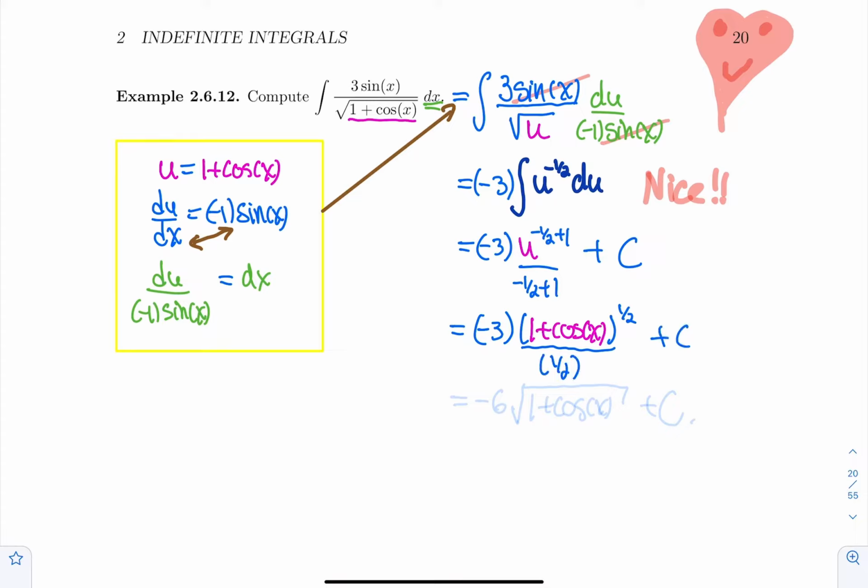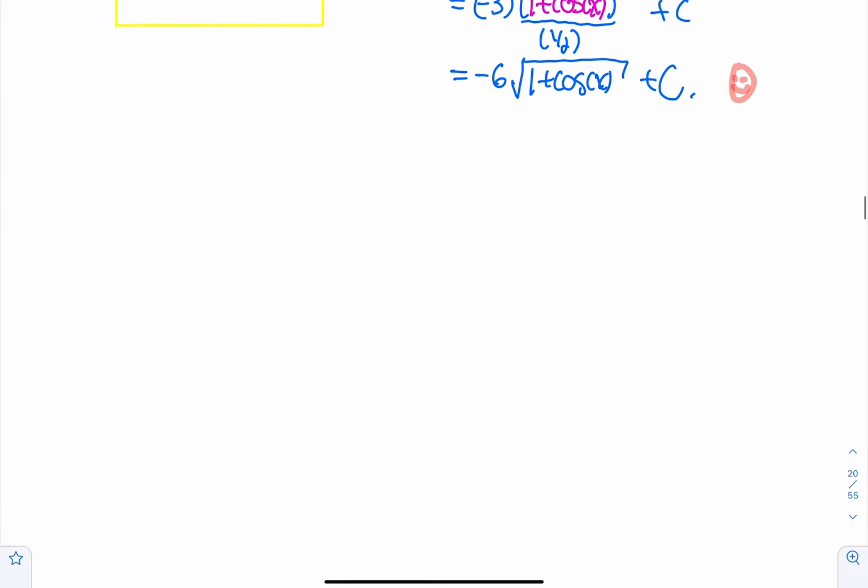If you want to clean this up a bit, dividing by 1/2 is like multiplication by 2, so you get minus 6. Power 1/2 is like a square root, so you get the square root of 1 plus cos of x, plus c. And that's your answer. Next example.